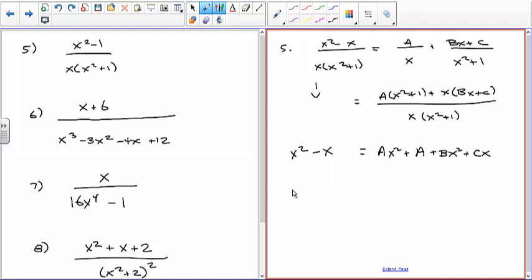And then you can combine like terms. So you'll have a plus b, both of those times x squared. You'll have plus cx and plus a. We kind of put it in the order of x squared, x, and constants.